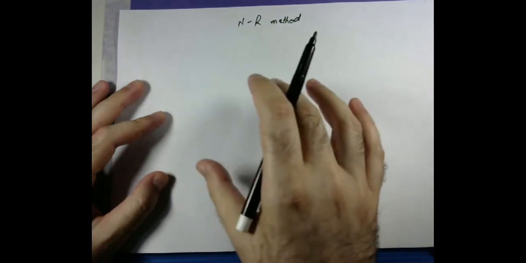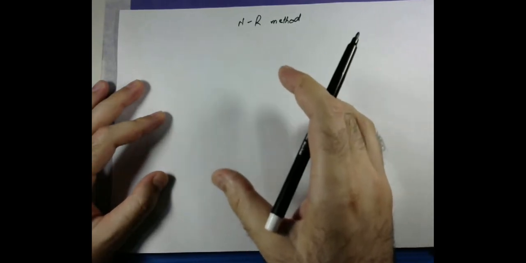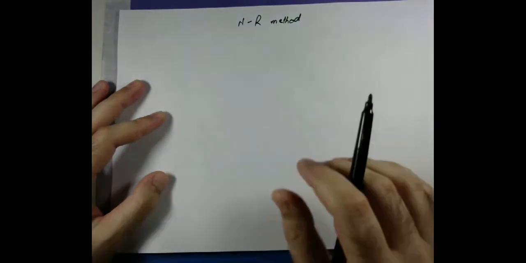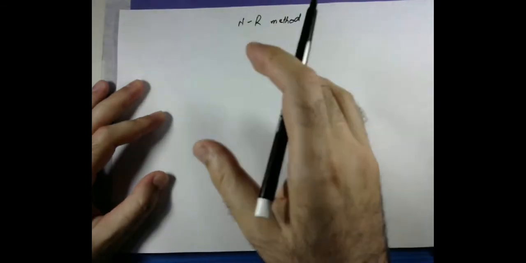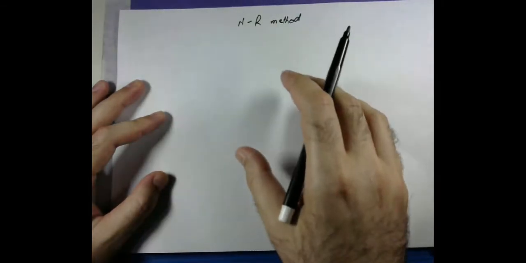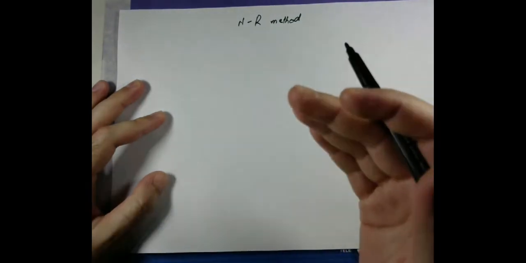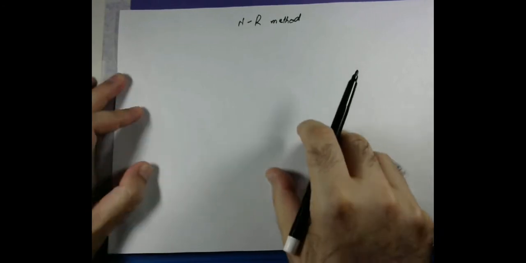Although each step, when we solve, you will see is probably longer compared to the Gauss-Seidel method, with fewer steps the solution converges. So let me now talk about this method.